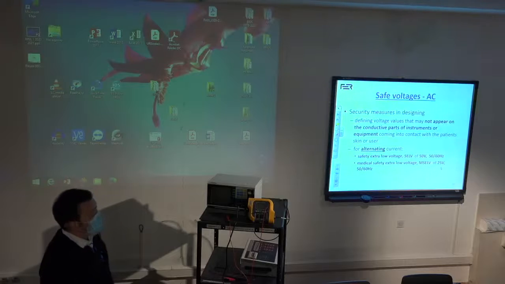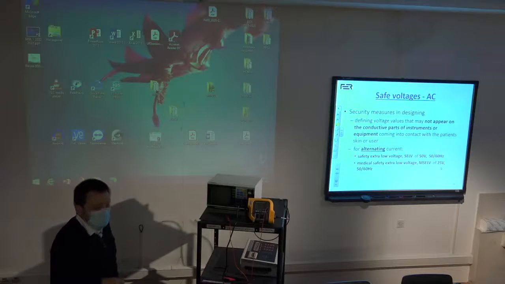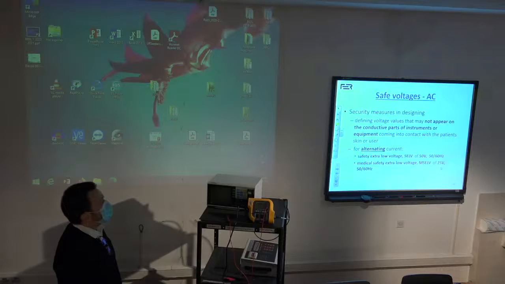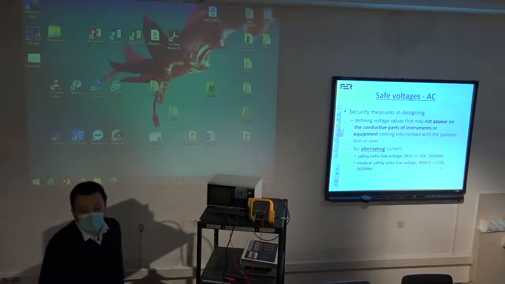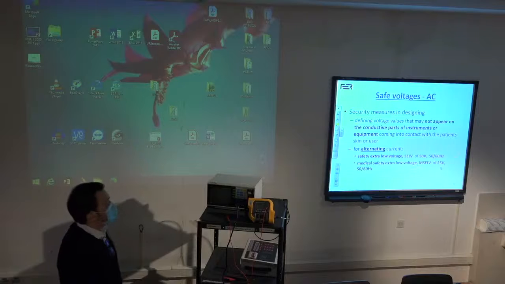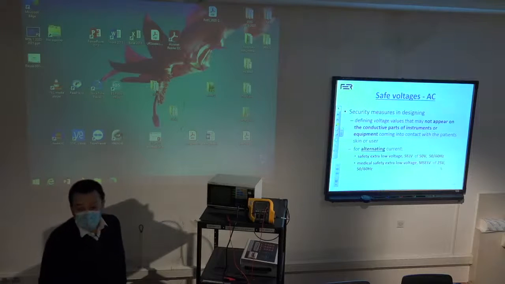And therefore, in order to make devices generally, and medical devices in particular, safer, there are some threshold sets. For alternating current, safety extra low voltages, this is the abbreviation, are considered those below 50 volt at the frequencies 50 or 60 hertz. And medical safety voltages are then only 25 volt.